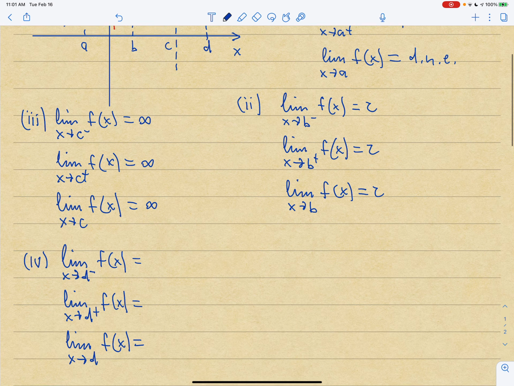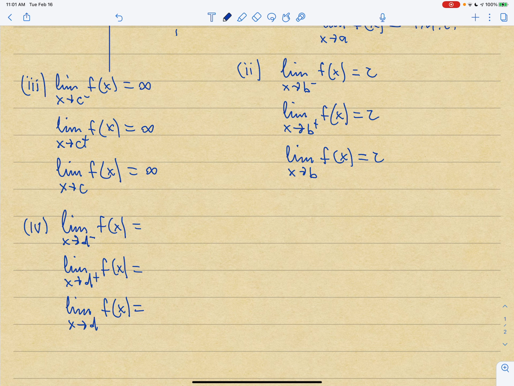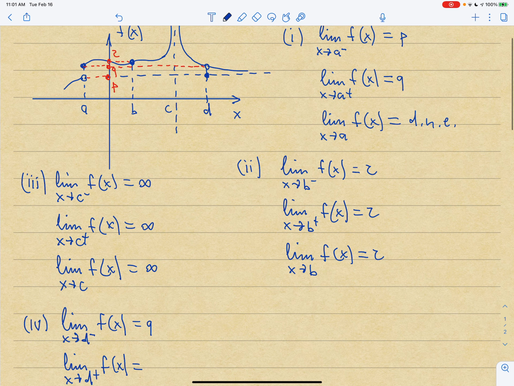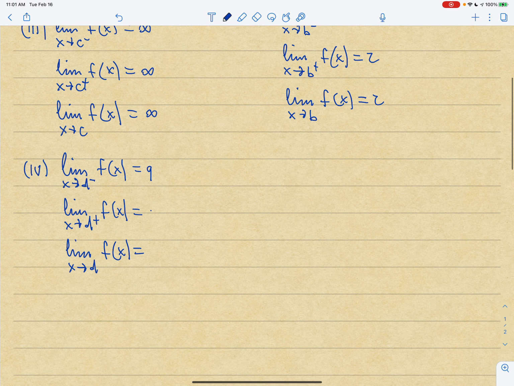So that means that this limit is equal to q. What about coming from the right? Same thing, except that if you go to d from the right, then values of the function are getting bigger, and they're approaching q again. They're approaching this hole that I drilled inside the graph, so this is q.